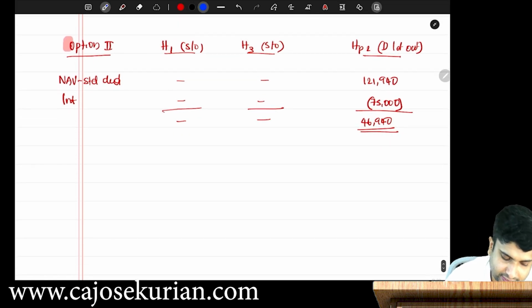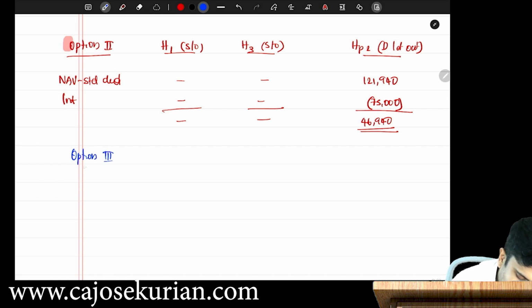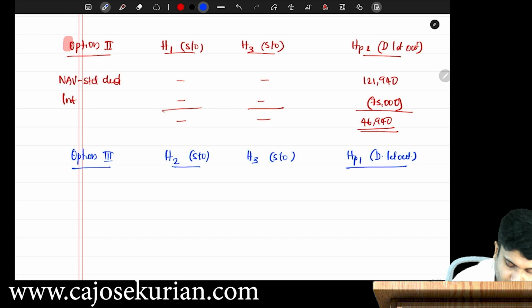Now we will think about option number 3. So option 3, we will say house property 2 and house property 3 as self-occupied, and house property 1 will be deemed let out. Based on this, we will solve.